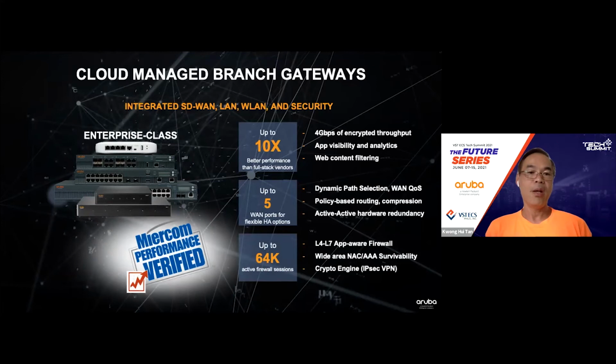For example, we have the 7000 series branch gateway that you can use for a branch office. We have the 7200 series that you are selling for the corporate data center if you are deploying it as a head-end gateway. So we have gateways of all sizes that you can sell for different sizes of customers, whether they are small, medium, or large. Aruba branch gateways are 10 times better in performance than full-stack vendors.